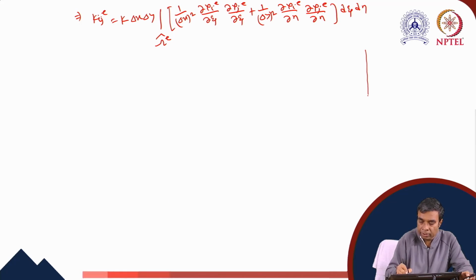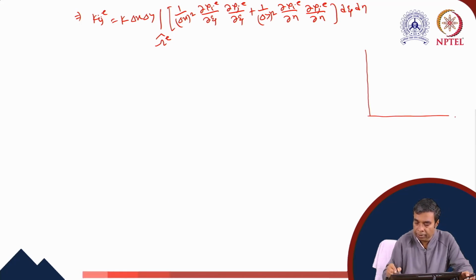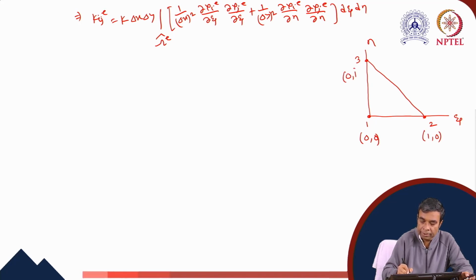Now let us draw the master element. This is the xi axis, this is the eta axis. Here this is local node 1, local node 2, local node 3. The coordinates are 0, 0, 1, 0, and this coordinate is 0, 1.